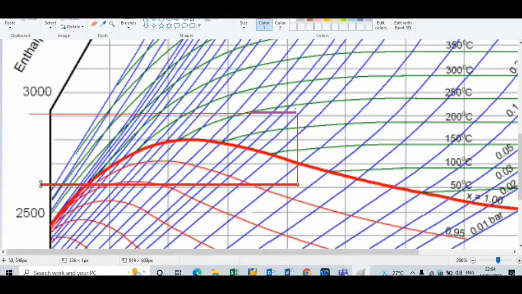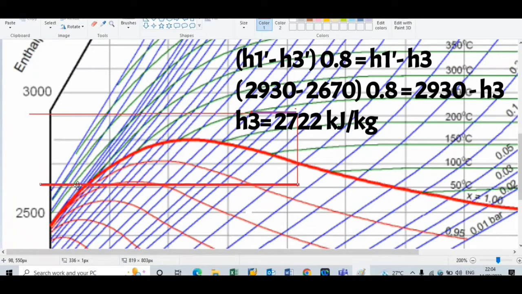So what is the exact value? If we observe, the first part is 2500, here is 2600, and after that the exact value, H3 dash, is 2670 kilojoule per kilogram. Now we will find the value of H3, because this is the H3 dash value for isentropic expansion, but isentropic efficiency is given, that is 0.8.